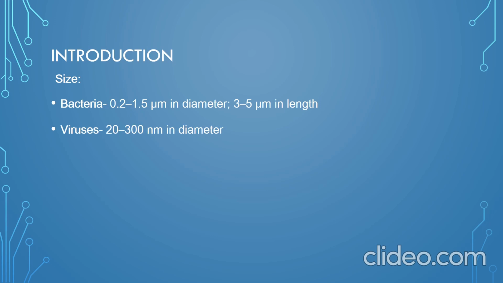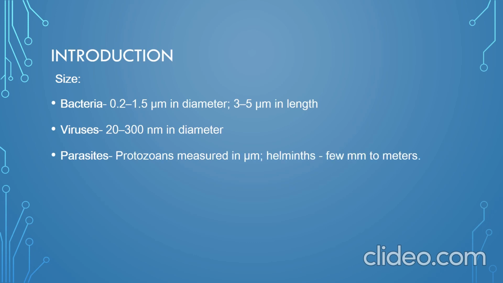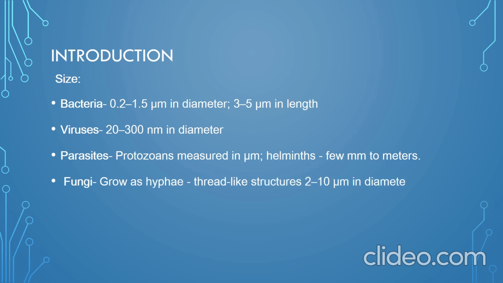The few protozoans, which are unicellular parasites, are measured in micrometers. Likewise, fungi can be measured in 2 to 10 micrometers, and the length can even be in centimeters. So the average size of a bacteria is 0.2 to 1.5 micrometer. The viruses can be 20 to 300 nanometers.